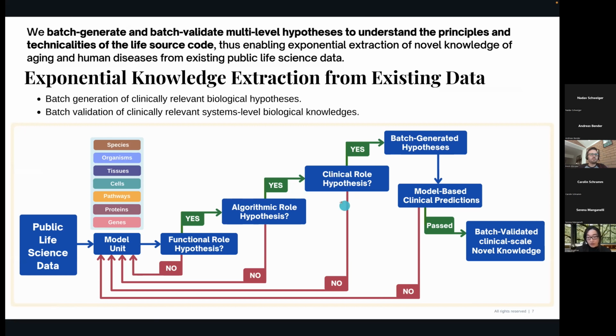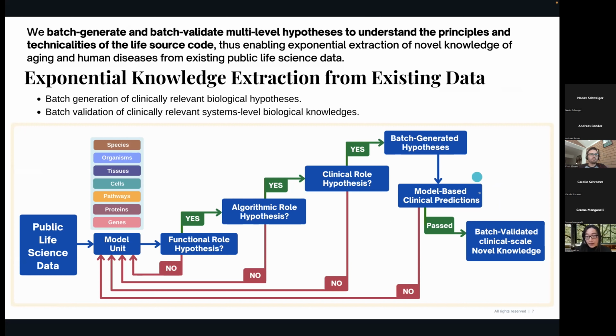After we have generated hundreds and thousands of novel hypotheses, the next important step is to falsify or to validate those hypotheses. Because our platform was motivated to make early, accurate predictions of clinical efficacy and toxicity, we cannot just rely on cell lines or animal models for validation.